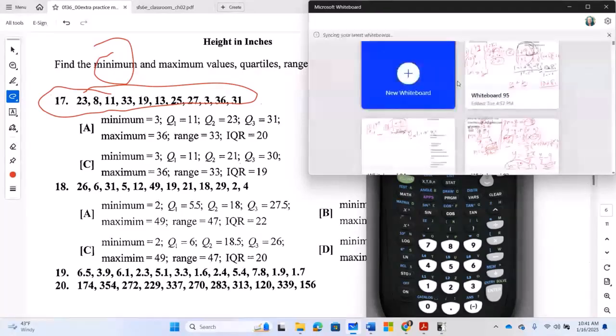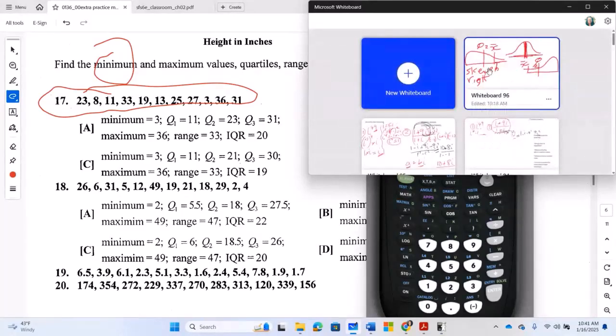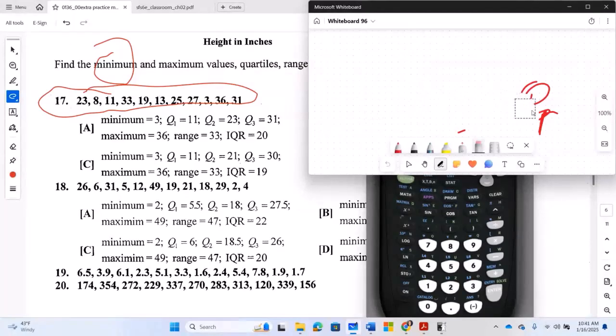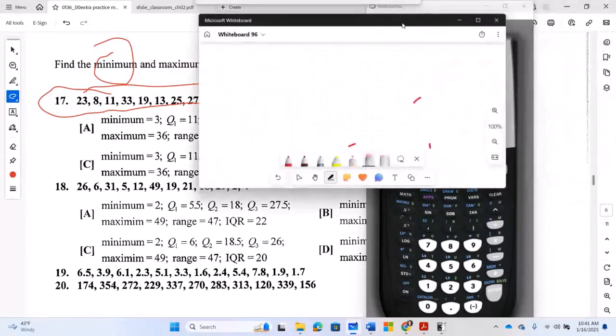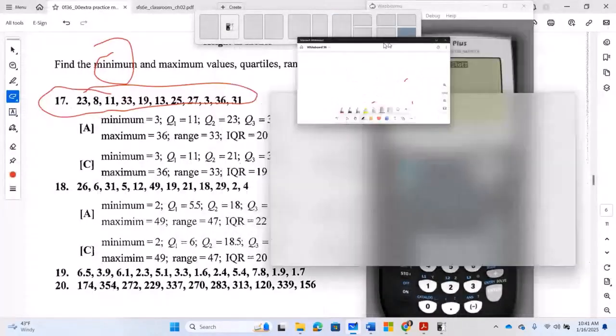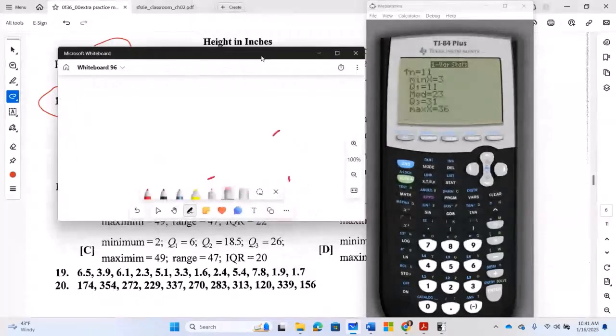Okay. So I'm just going to get this again, and I'm going to clean. So I want to write what my calculator gave me here. So according to my calculator, the minimum number in this question is 3. So I put in 3 here, minimum number. First minimum number is 3.